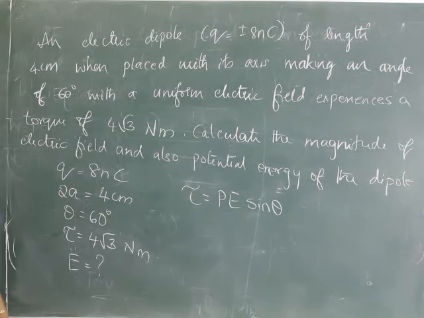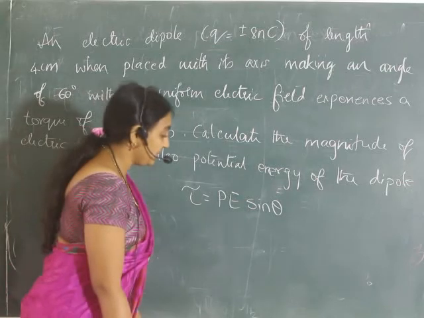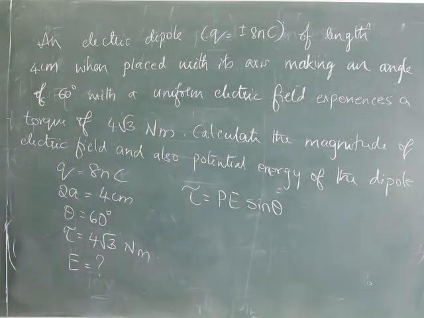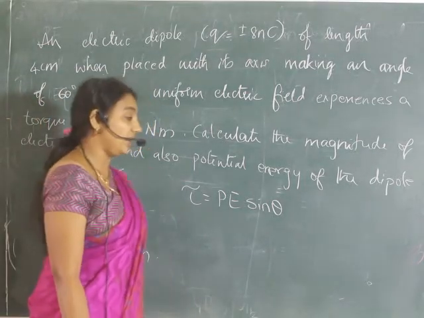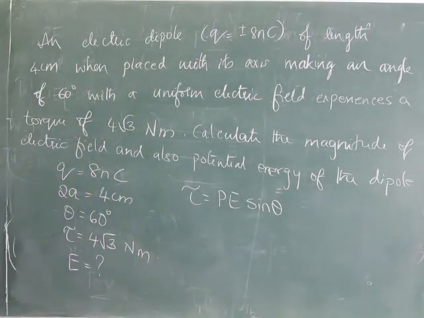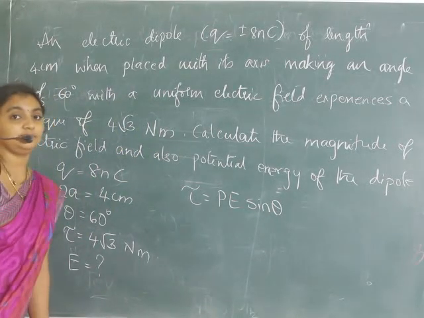The previous derivation, what have you got the answer? U is equal to, what is the expression you got? Minus PE (cos theta naught minus cos theta 1). That expression you have to use and you have to solve this one. Okay? Try to solve.